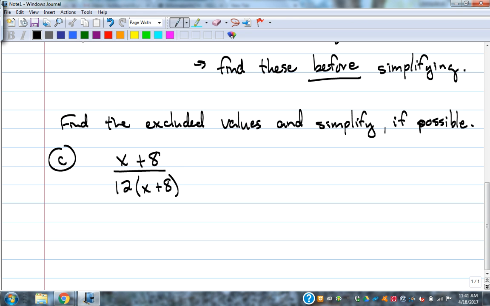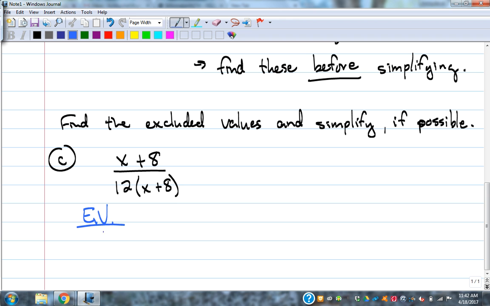Now, before we simplify, I think we can see that there's something that's going to cancel. It's real easy to see. We've got a factor that's going to cancel. But before we simplify it, we've got to find the excluded values. We'll just abbreviate those and call them EVs.